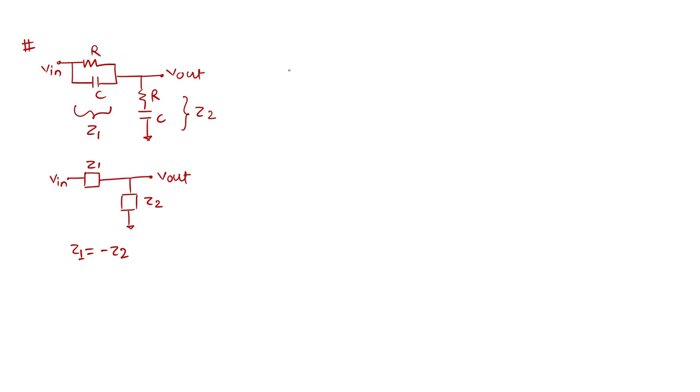So what is my Z1? Z1 is nothing but R parallel with 1 upon CS, so it can be written as R by 1 plus RCS. What is my Z2? Z2 is nothing but R plus 1 upon CS.